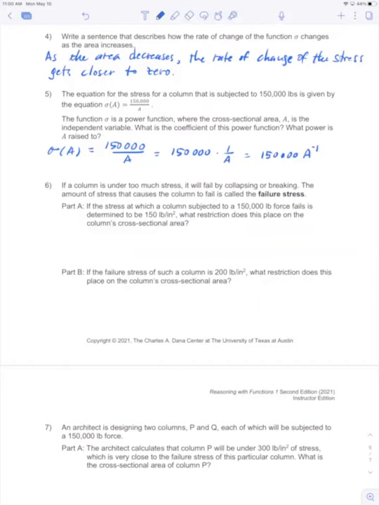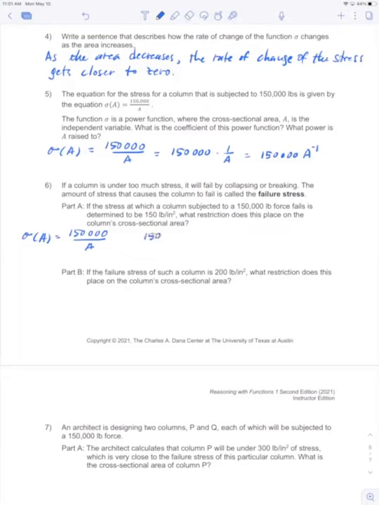So for part A, I'm going to rewrite this as sigma of A is 150,000 over A, and it's telling us that the sigma of A is 150. So let me just work across here.